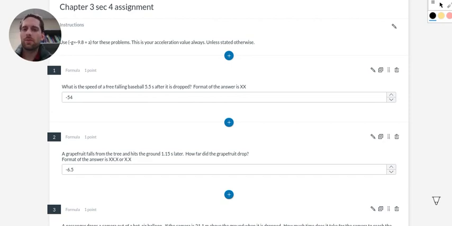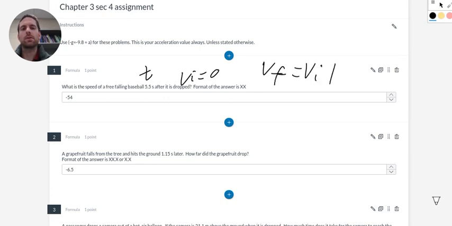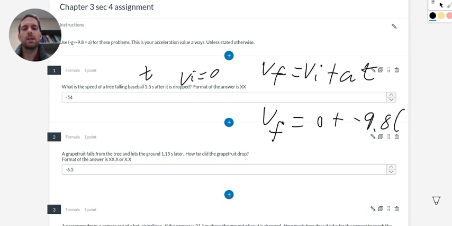So first, we're going to find the speed of this free-falling baseball after it's dropped. So V initial is 0 if it's dropped. And this is our time, 5.5 seconds. And we want to use this equation, V final equals V initial plus AT. We know what V initial is, 0, plus negative 9.8 times the time, 5.5.